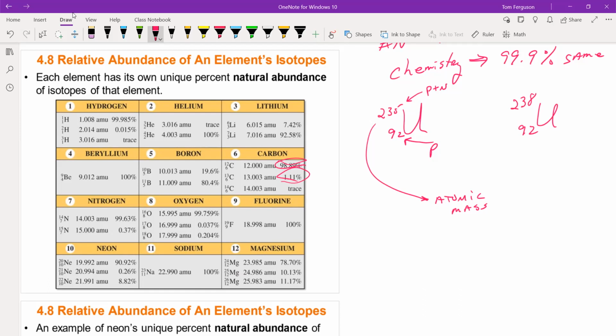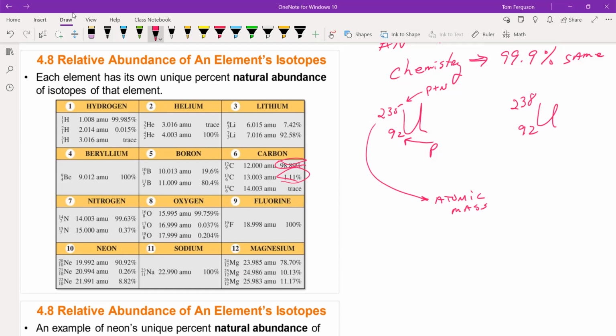Based on the decimal number on the periodic table, 12.01, which isotope is there more of? Carbon 12, because there's more 12s than anything else. So the decimal number is going to be skewed towards the one where there's most of.